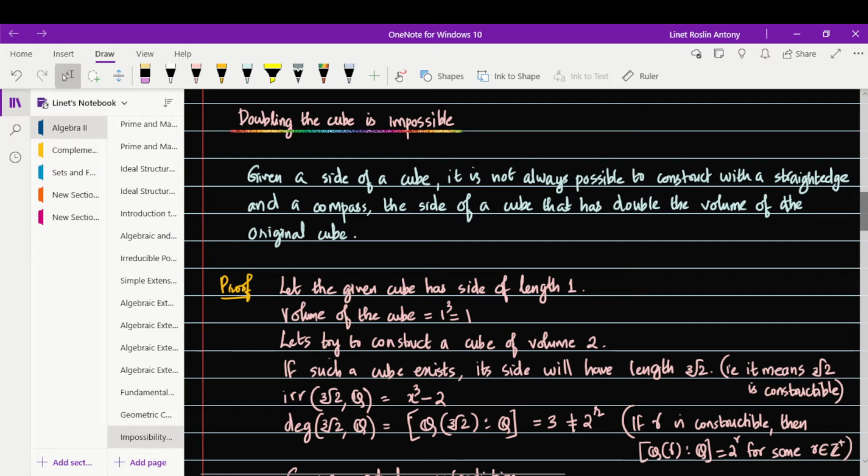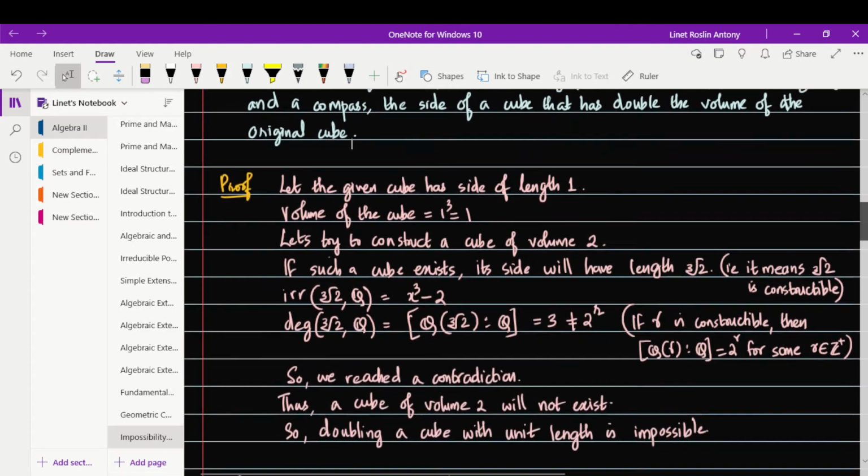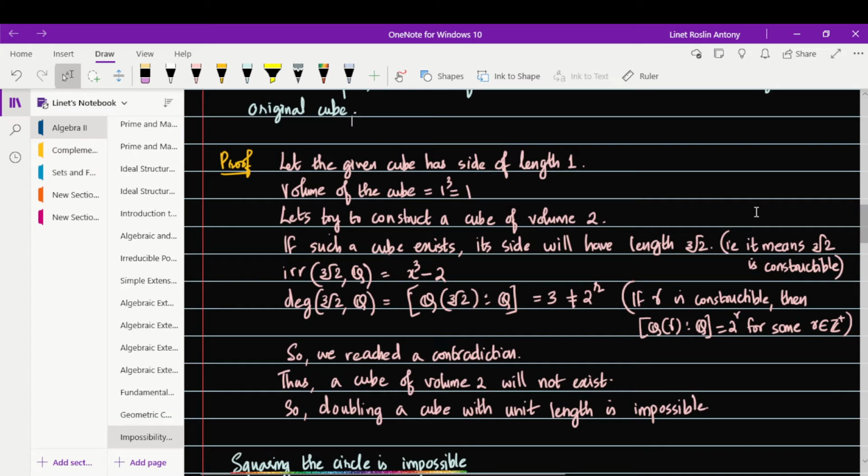And as earlier, while we discussed irreducible polynomials satisfying a particular value, we know that the minimal irreducible polynomial having the smallest degree, obviously, with cubic root of 2 as its root will be equal to x cubed minus 2.